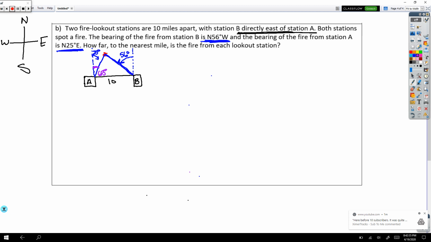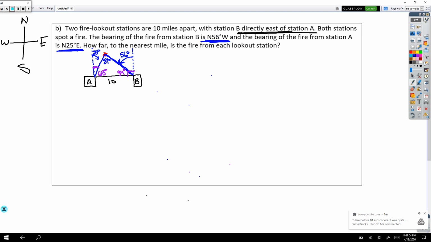Same process, if I think about this as a right angle and 56 degrees on the outside, that would leave me with 34 on the inside. Adding all those up and subtracting from 180, that means that up here would be 81 degrees. Right? So it's asking me to find how far the fire is from each lookout station.